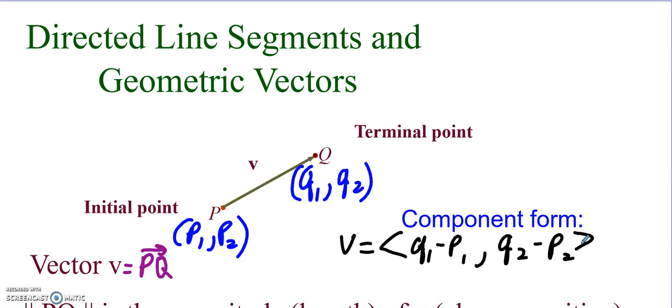And so then if we actually did those subtractions, if we had numbers to put in here, then this would become v is v1, comma, v2. So these would be the components, and this is how we would get the component form if we knew the location of the points of the initial and the terminal parts of the vector.